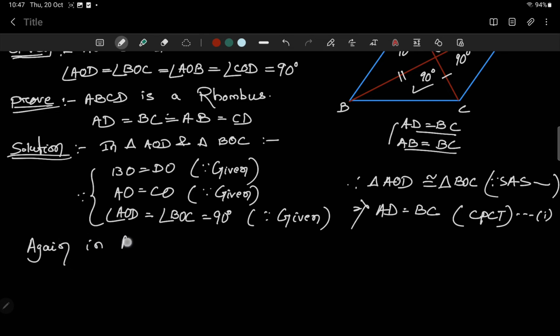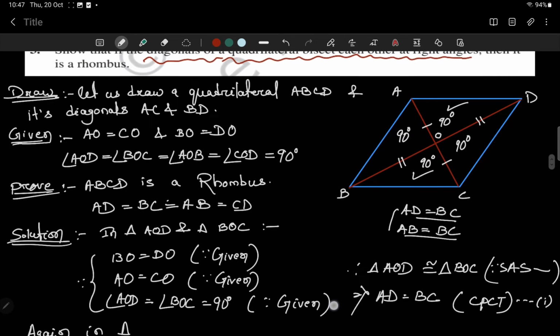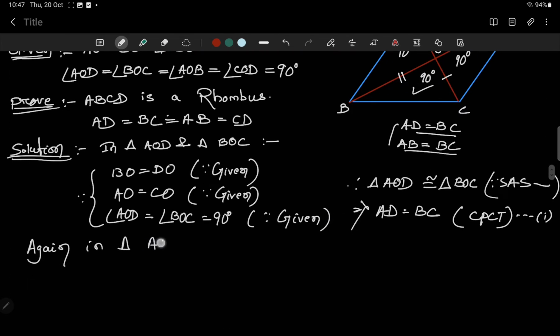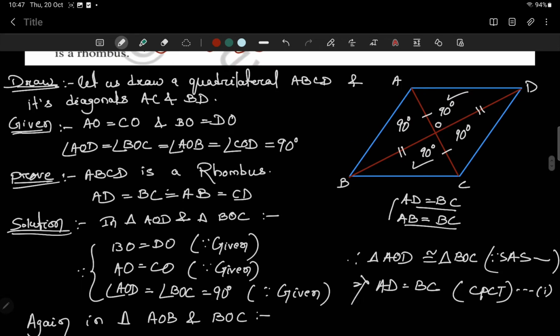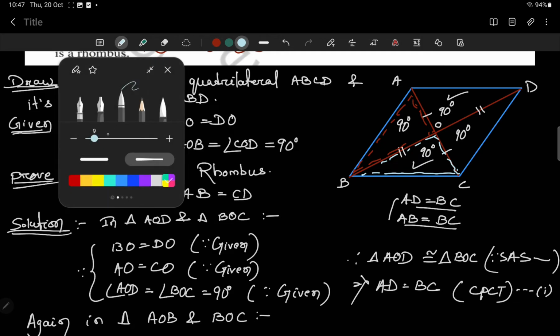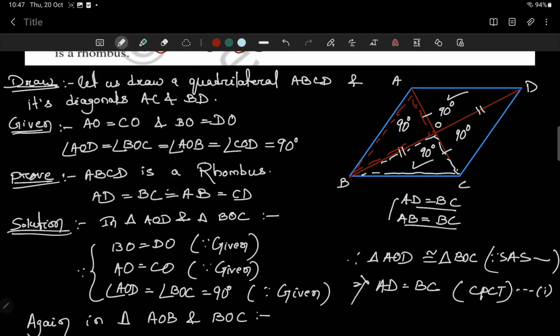Again, which triangles should we take? AOB and BOC. Okay, AOB, this one, and this triangle. In these two triangles, what are same?